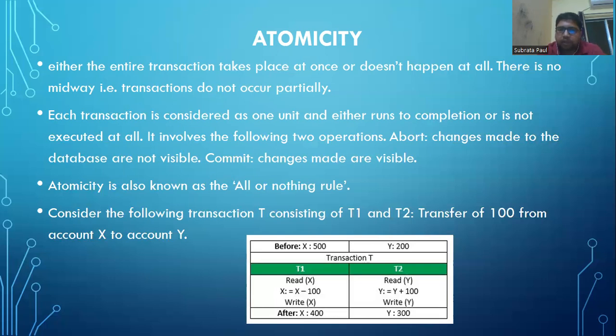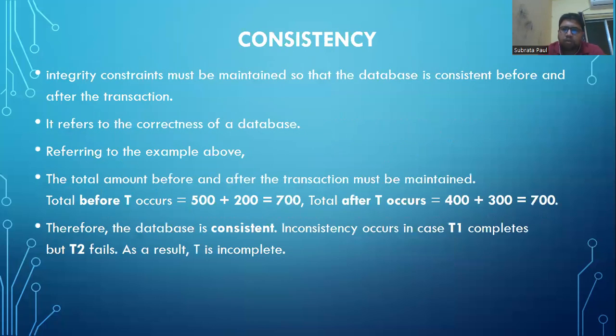The next property is consistency, which refers to the integrity constraints that must be maintained so that the database is consistent before and after the transaction. That means it refers to the correctness of the database. The sum of the amounts of the two different persons should be maintained. That means the total amount of X and Y before the transaction has occurred and after the transaction has occurred should be the same.